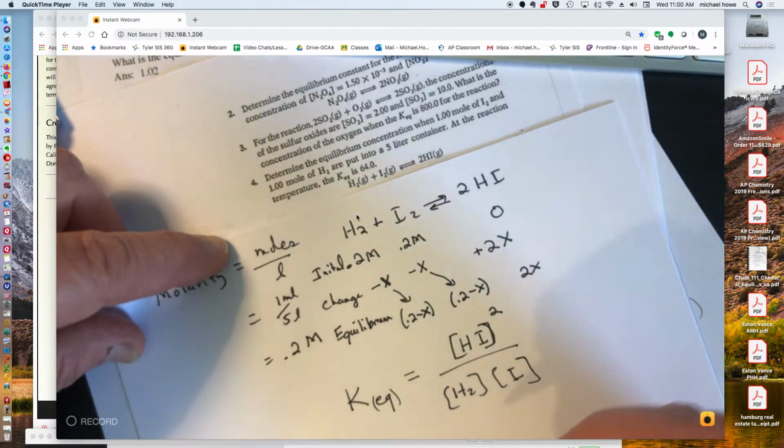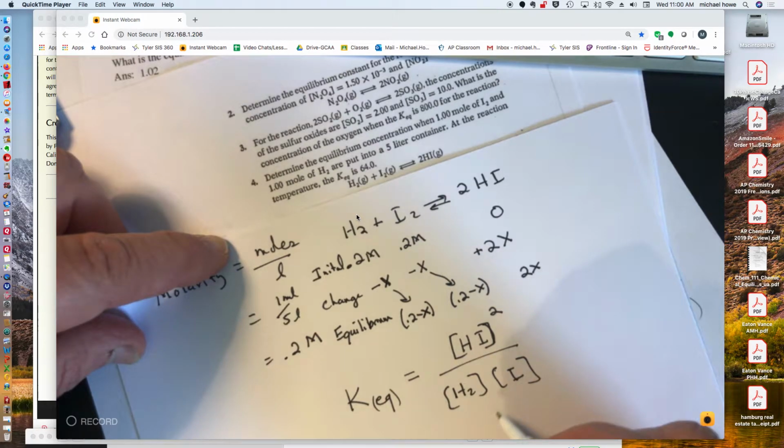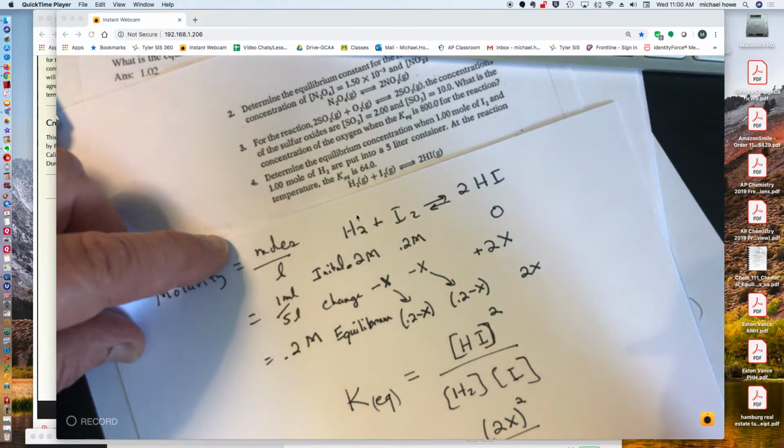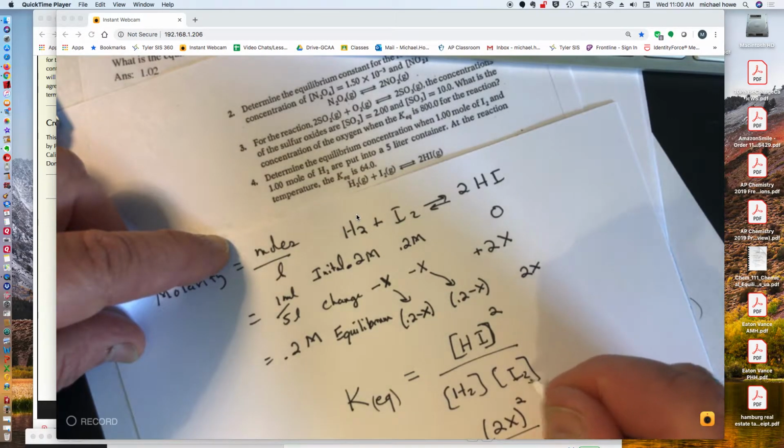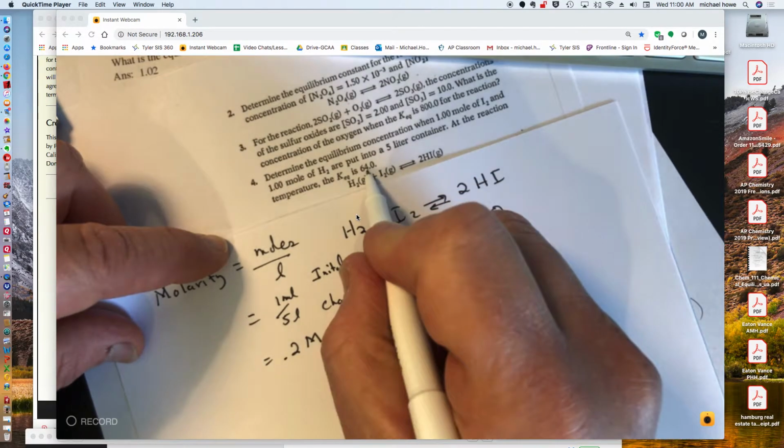So we end up with, at equilibrium, we know that the HI was 2x, so that'd be 2x squared, divided by 0.2 minus x for the H2, and 0.2 minus x for the I2, and that equals the equilibrium constant, which the problem tells us is 64.